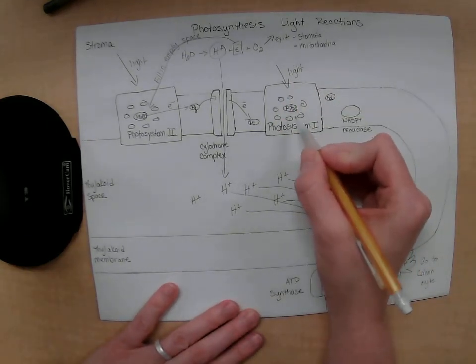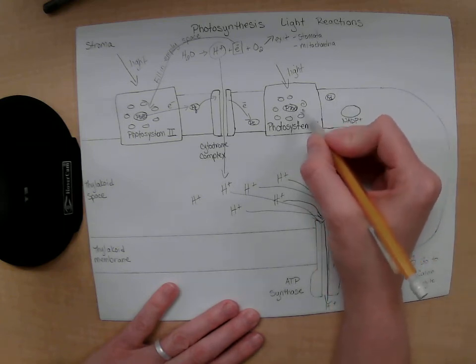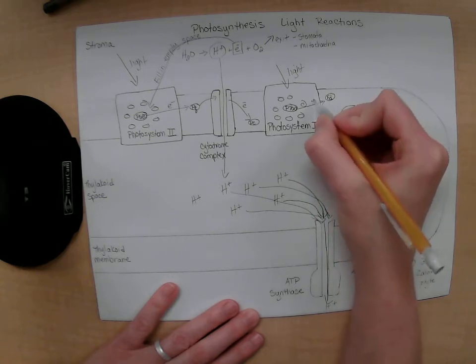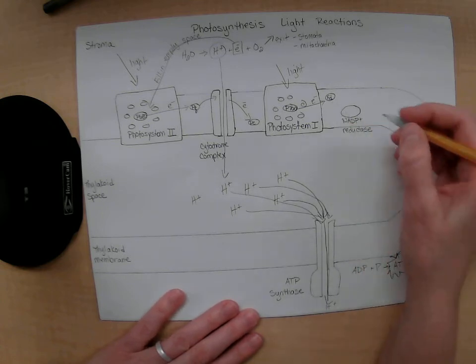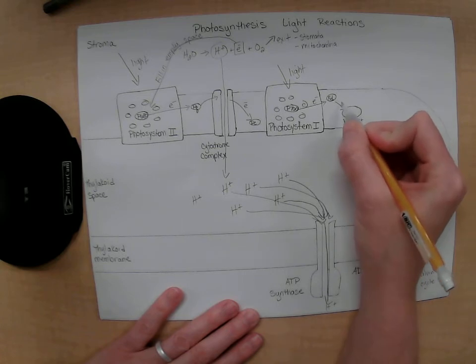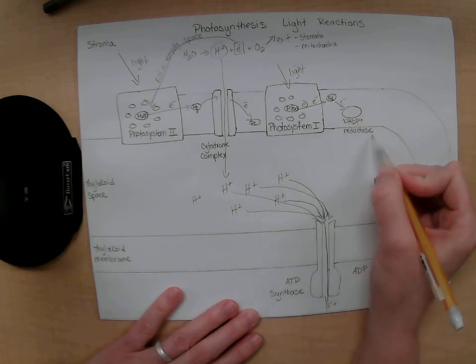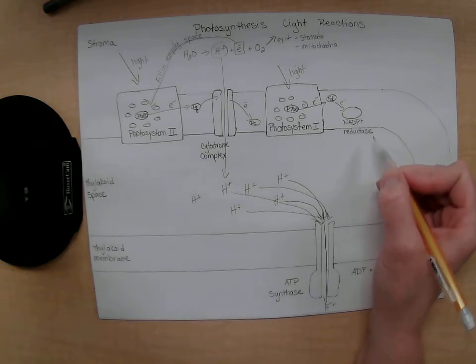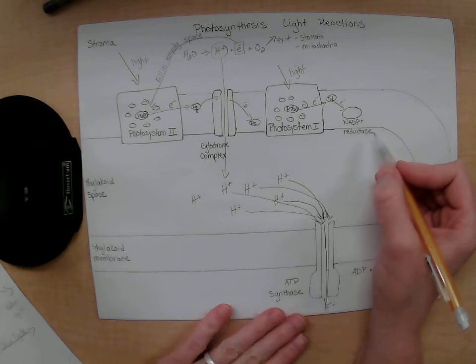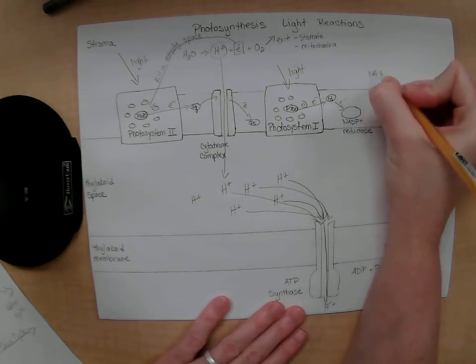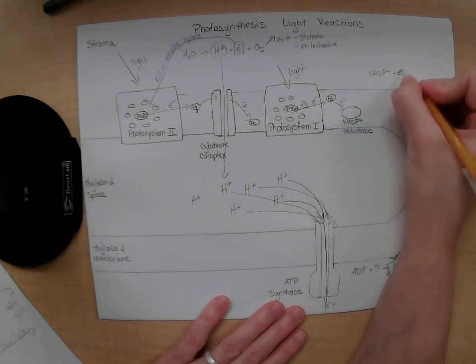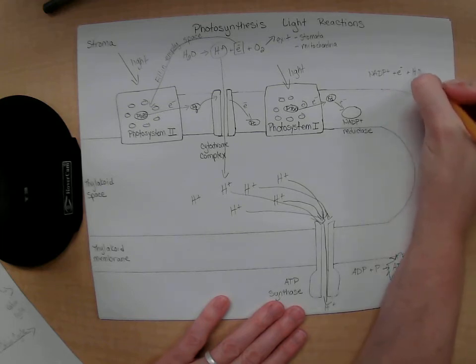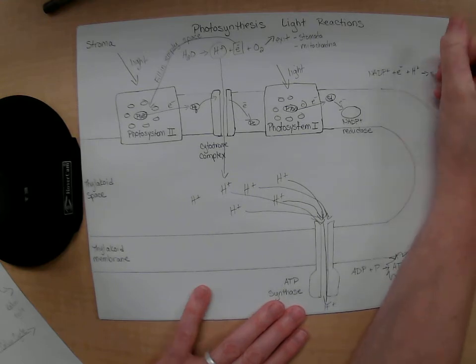It excites the P700 photosystem, and it causes an electron to leave, and it jumps to this FD molecule here in our membrane, and it jumps down to the NADP plus reductase, and the NADP plus reductase is going to take NADP plus, and it's going to add electrons to it, and it's going to add hydrogen ions to make NADPH.